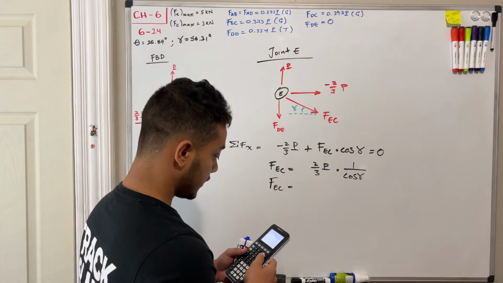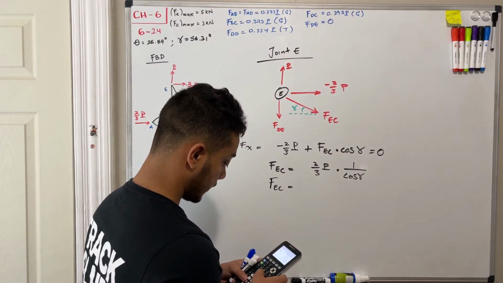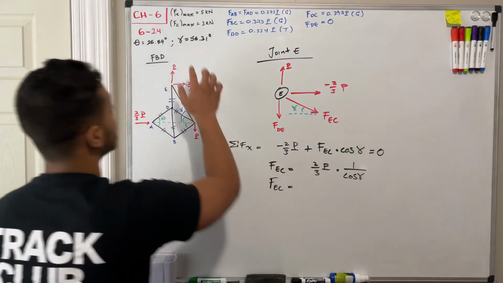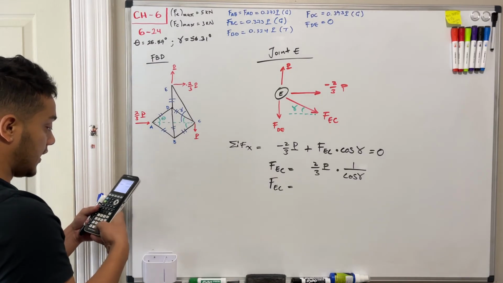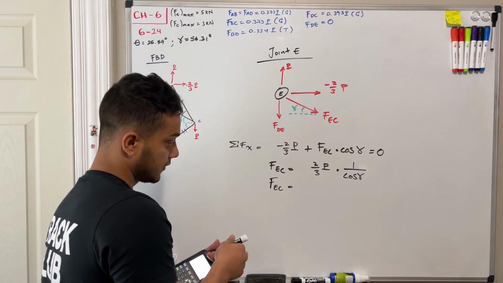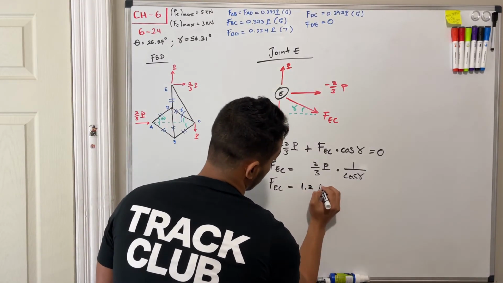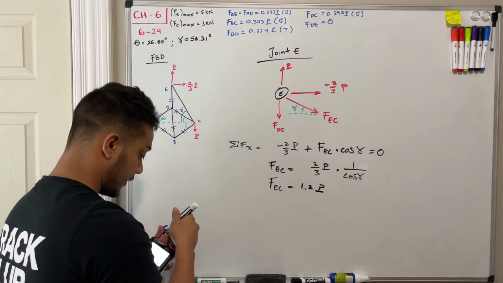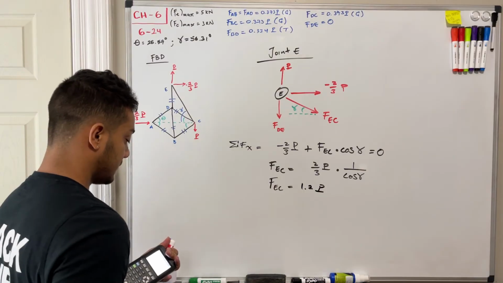So we got 2/3 multiplied by 1 over cosine of gamma. What is gamma again? 56.31. And we will find out that my force EC is going to be equal to 1.2 P.